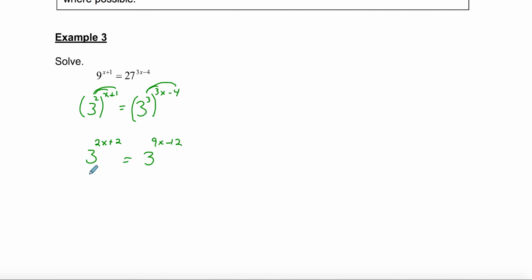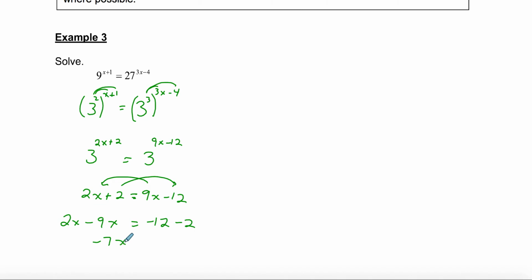Now that I have bases that are the same, I can drop the bases and just write down the exponents because this exponent must equal this exponent if my bases are the same. And then I just solve for x. So maybe I'd bring this 9x over here, so that'd be 2x minus 9x, and I could bring this 2 to this side, so that'd be -12 minus 2, so I get -7x equals -14.